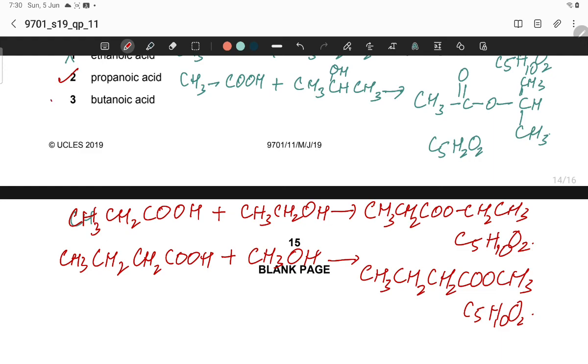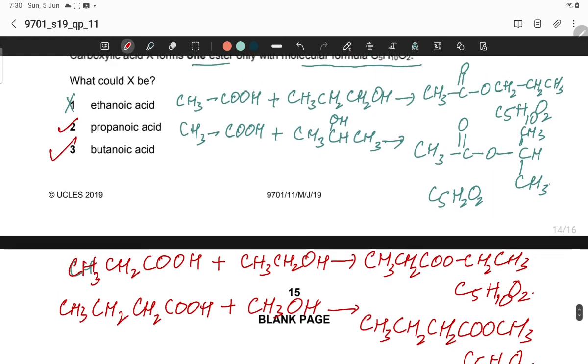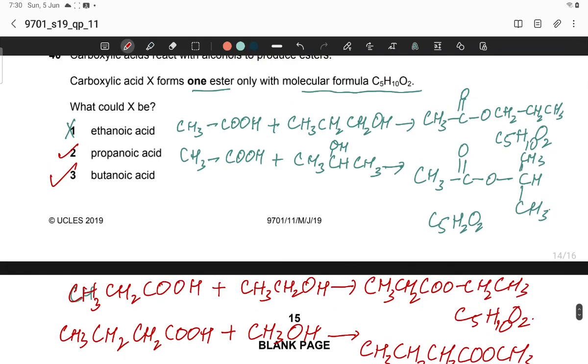So butanoic acid is also correct. So propanoic acid and butanoic acid have only one way to form C5H10O2. If statements 2 and 3 are correct, the option is C.